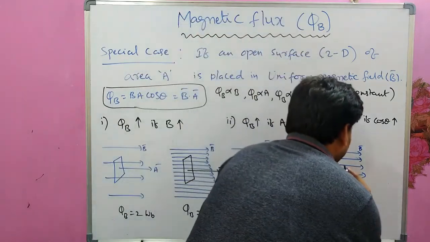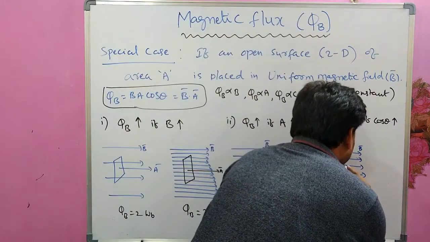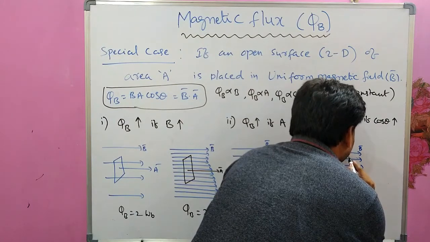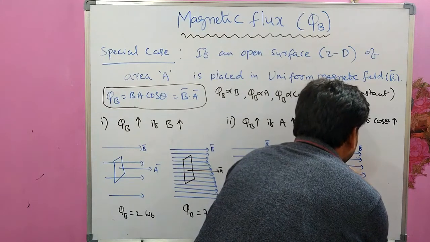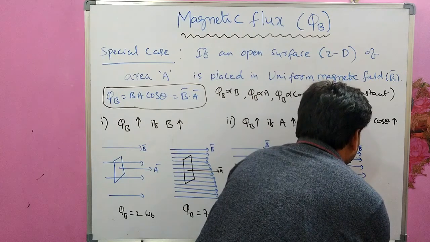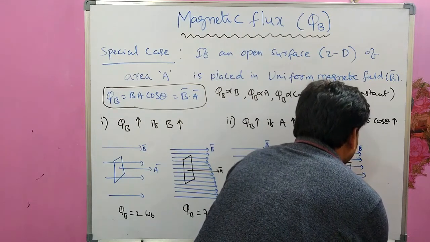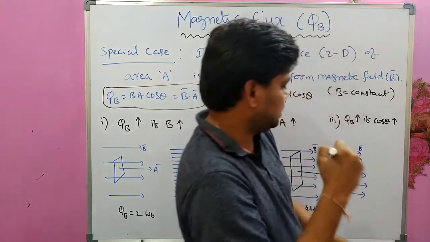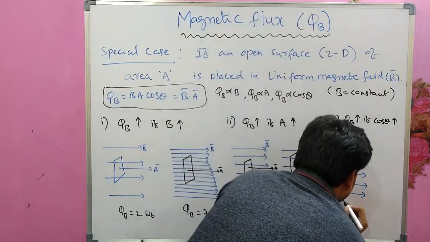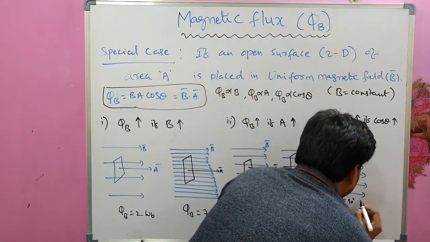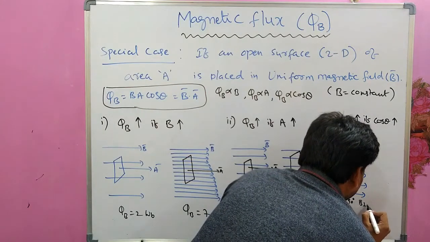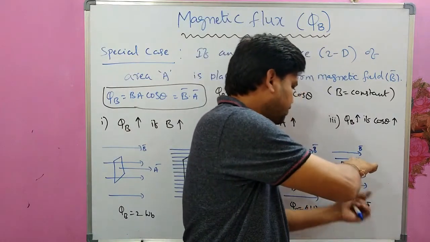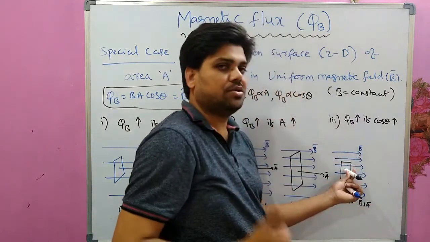So here if I take the surface like this, the area vector is this side, here theta is equal to 90 degrees, so B is perpendicular to A. I am not able to show you that.